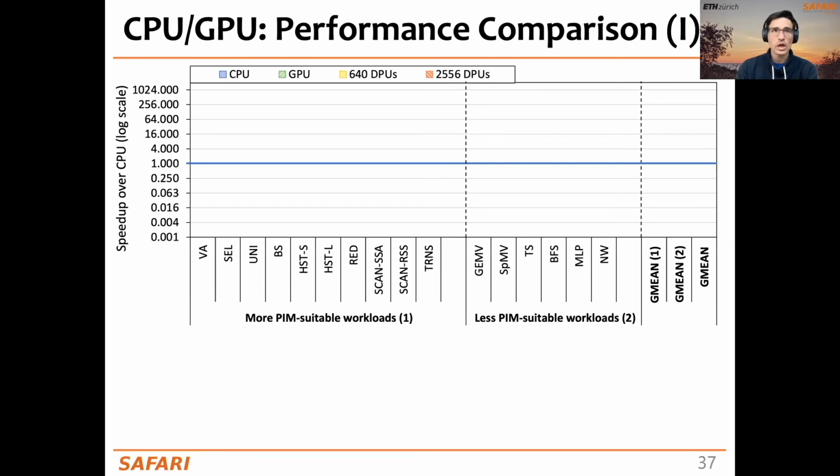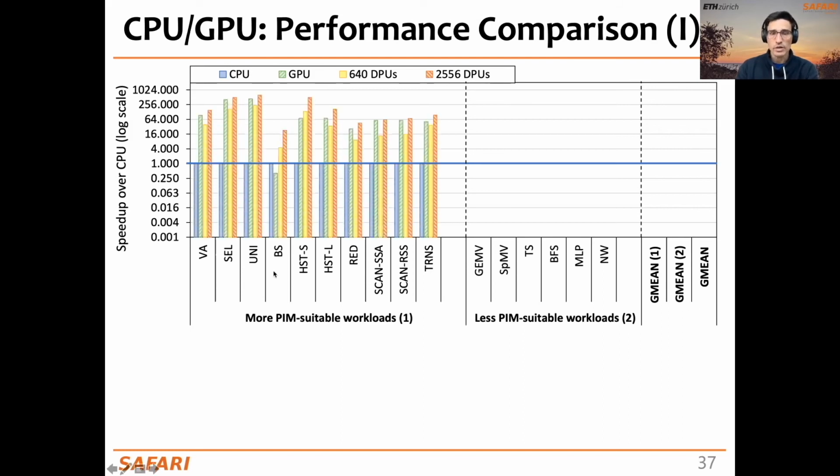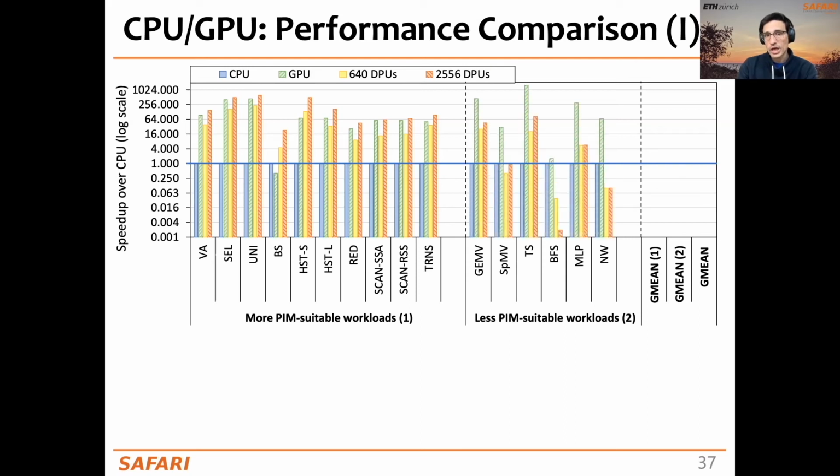In this plot, we show in the y-axis the speedup over the CPU, and as you can see, we have bars for the different PrIM benchmarks. Some of these PrIM benchmarks are identified as more suitable for the PIM system. Others are less suitable for the PIM system, and here you can see the geomean of the first group, the second group, and the overall geomean for all 16 workloads.